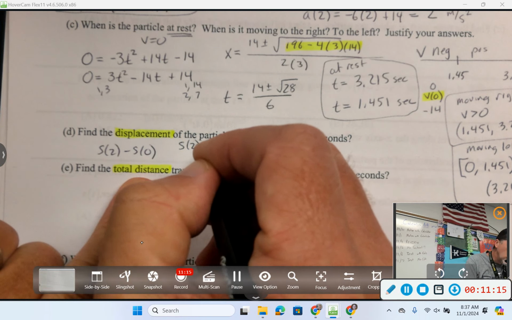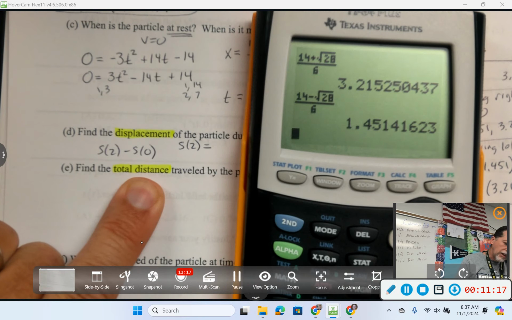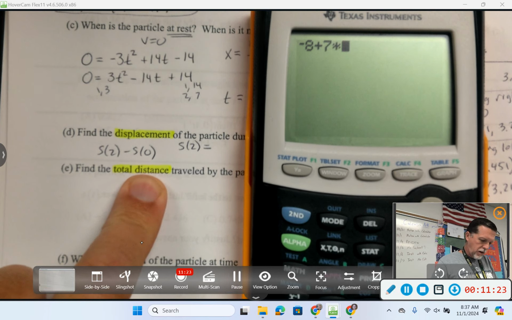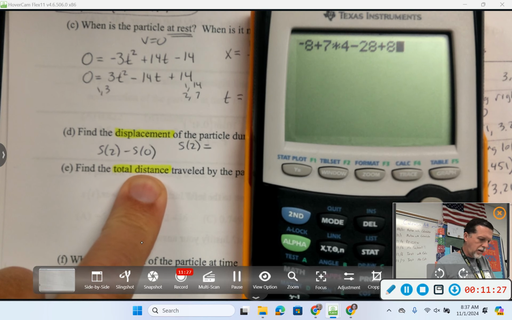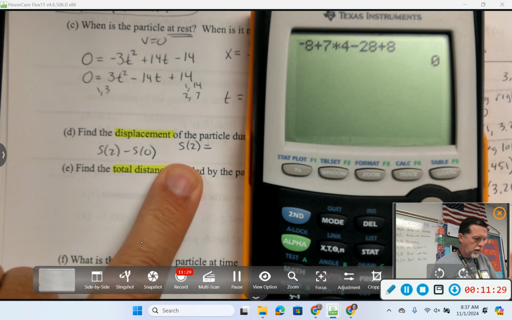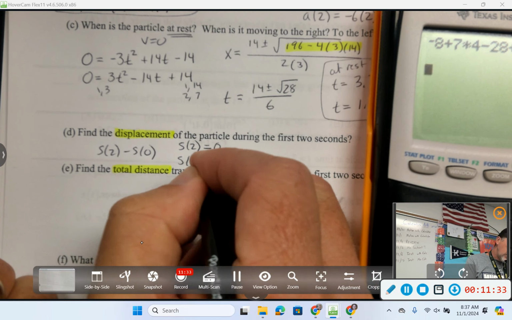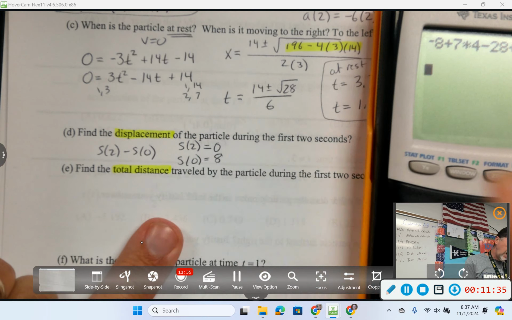S of 2, I've got a calculator, so negative 8 plus 7 times 4 minus 28 plus 8. S of 2 is 0. S of 0 is 8.